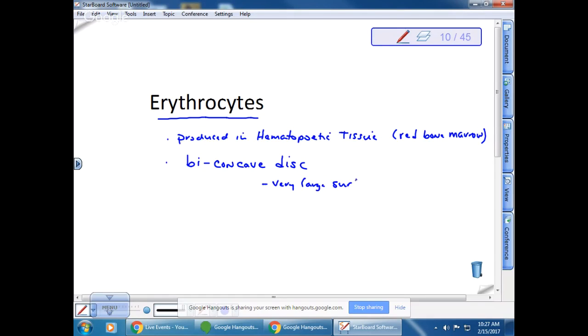So the surface area would be greater than if it was round in shape. And so this allows them to pick up respiratory gases quicker, so pick up oxygen more quickly, for example.